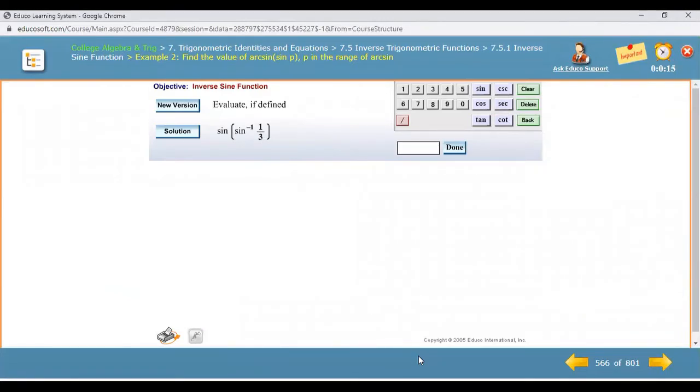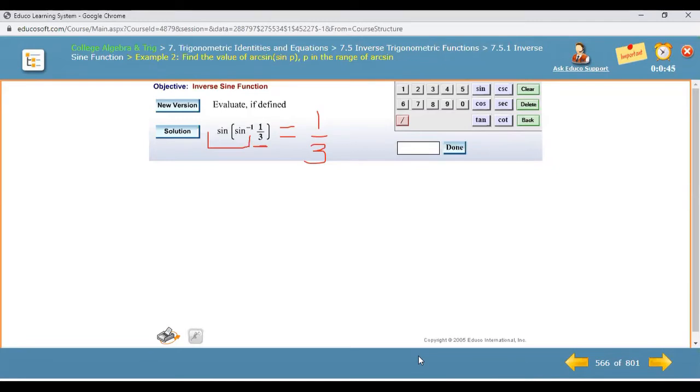Now, the first thing you have to check is whether this number is between negative 1 and positive 1. Yes, it is. This is defined. So sine and sine inverse cancel out the effect, and the answer is 1 over 3 directly. No need to do anything else.